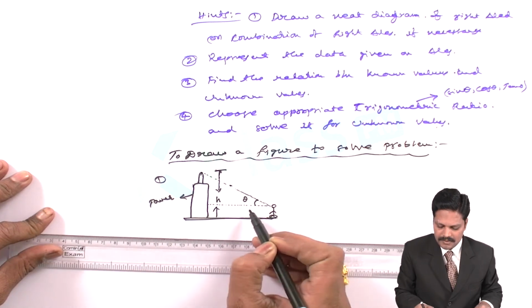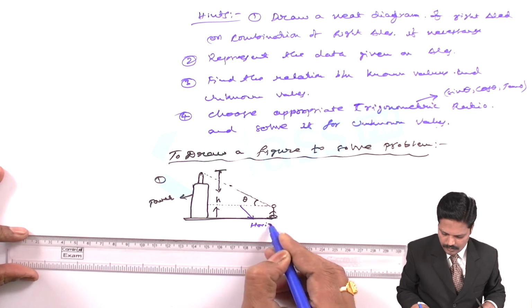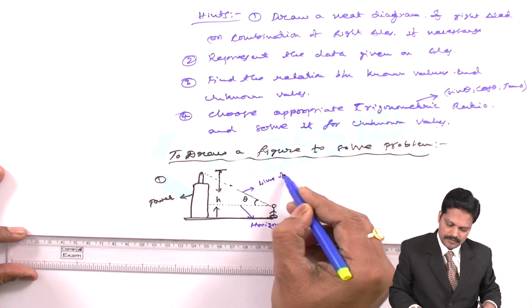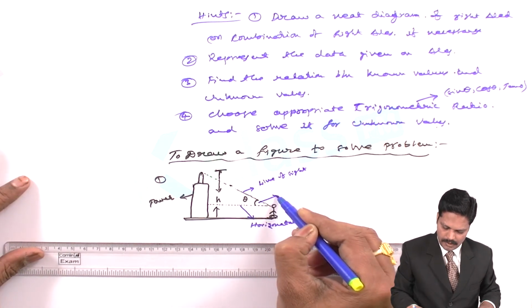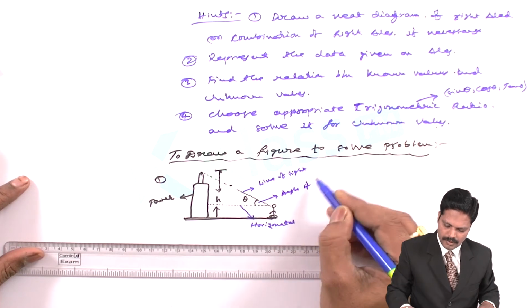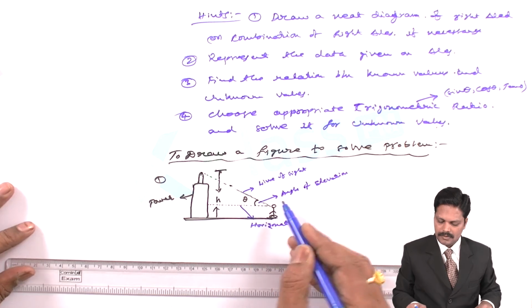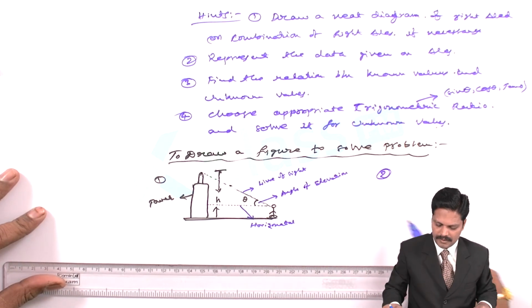Then we take this one as the horizontal. This is the horizontal, this is the line of sight, and this is the angle of elevation. In this manner we are drawing. And I am giving a second example here.